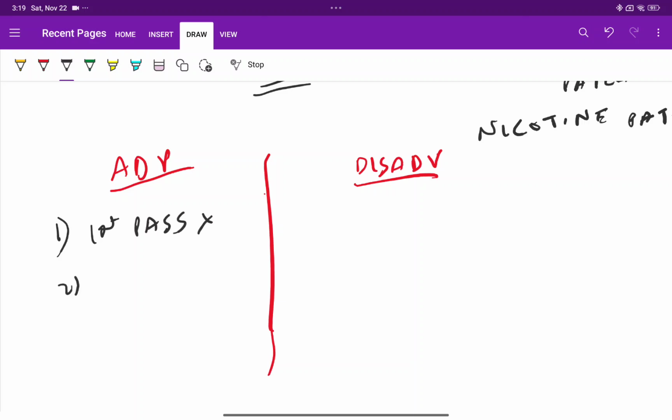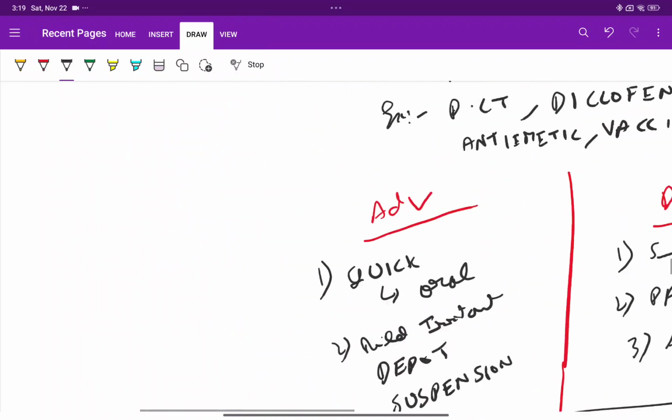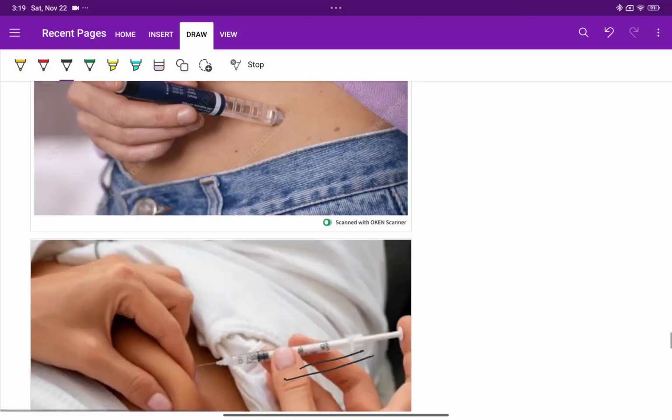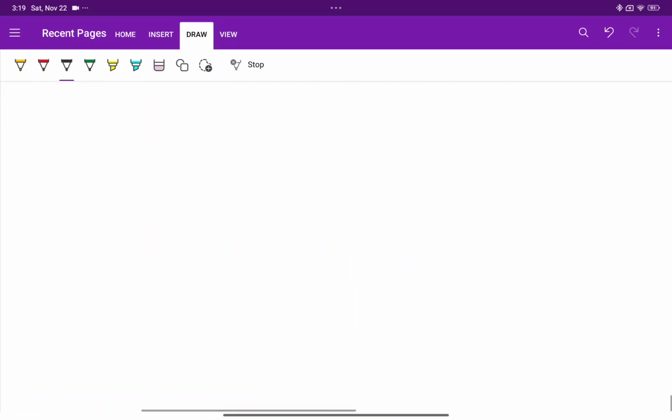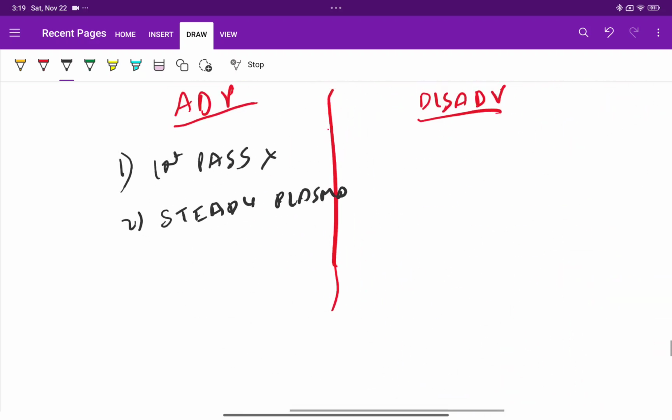Then it has steady plasma concentration because the drug is slowly released into the systemic circulation. Third one, self-administered and patient is more compliant.